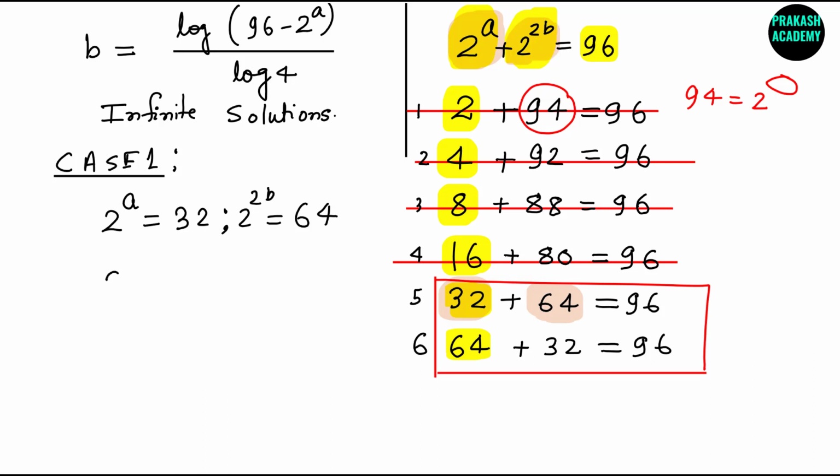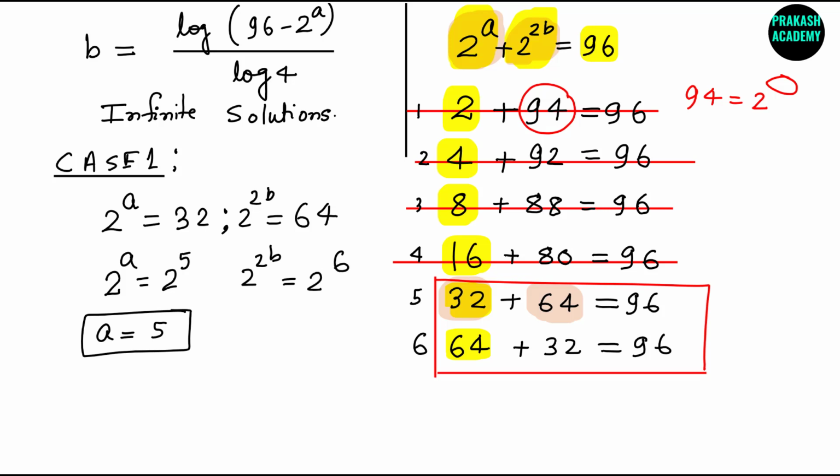So now you can say 2 raised to the power 5 is 32, so a is equal to 5. And from here 2 raised to the power 2b is equal to 64, which is 2 raised to the power 6, so b is equal to 3. So in this case the solution is basically 5 and 3.